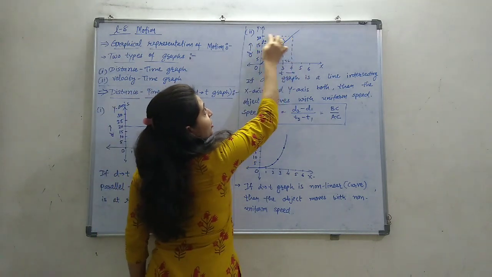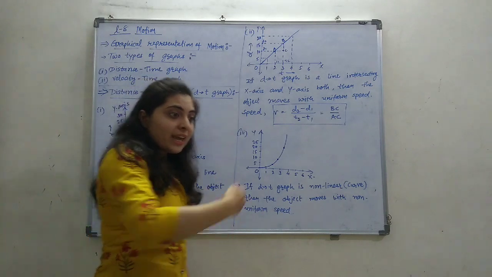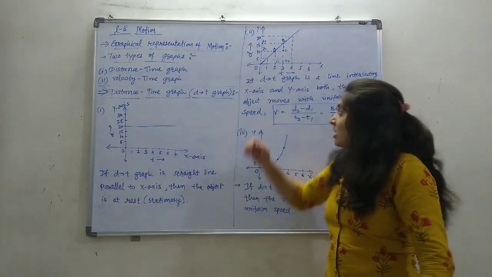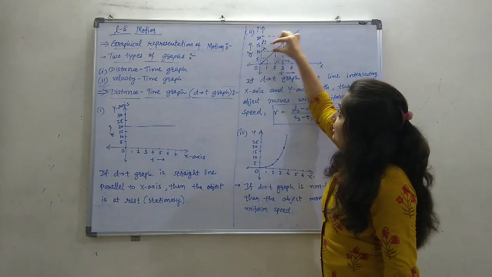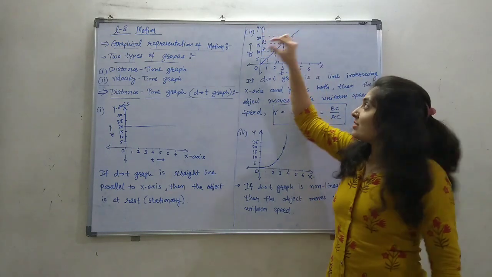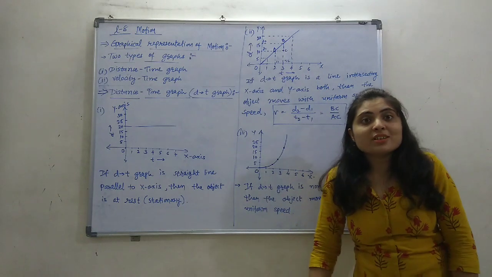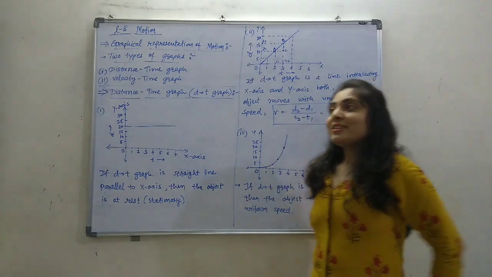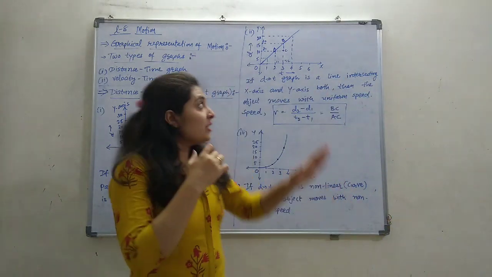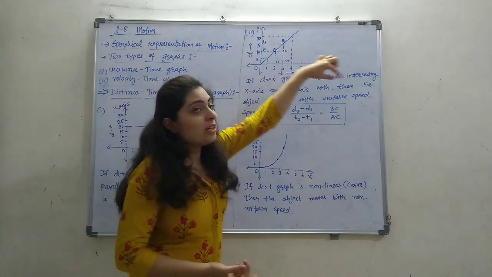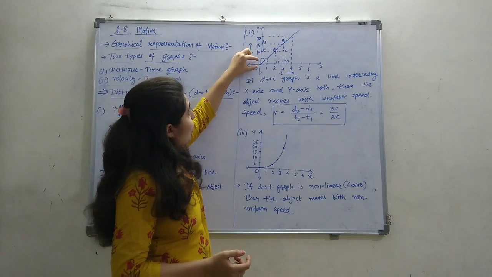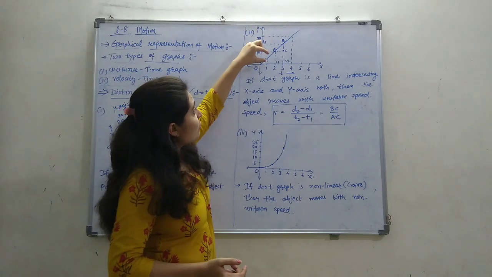After 1 second, the object reaches 20 meter. So at every equal interval of time, the object travels some distance, an equal distance, 5 meter increase. So here we can simply say that the interpretation of the graph is that at every equal interval of time, the object travels an equal distance.